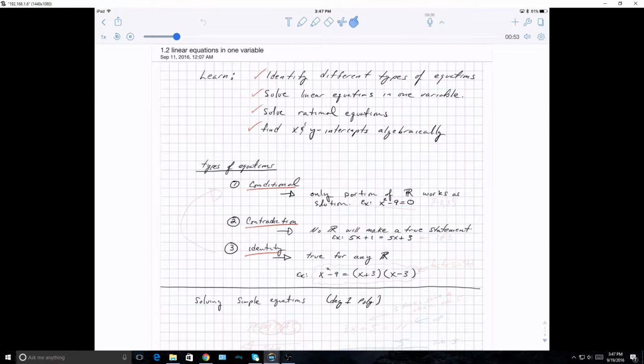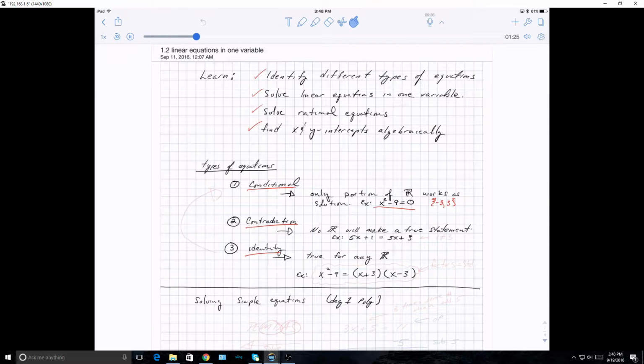For example, if I look at this conditional statement, x squared minus 9 equals 0, the only solutions would be negative 3 and positive 3. That's what makes it conditional: this equation is conditional on the fact that negative 3 and 3 would make it a true statement, because that would in fact make it 0.